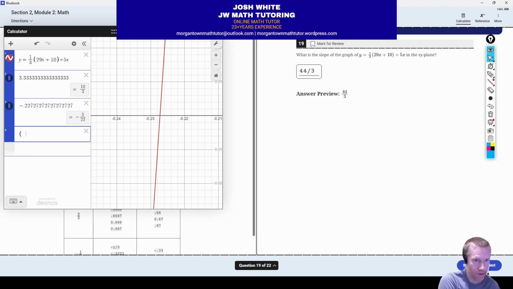Okay, so now I'm going to calculate the slope. So the y-intercept value, so for the top one, I'm going to do the 10 thirds minus the y value for my x-intercept, which is just 0. Now divide that whole thing by the x-coordinate from my y-intercept, which is 0, and then minus the negative 5 over 22.